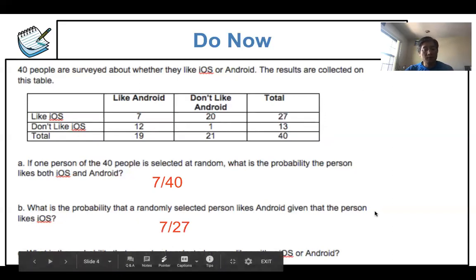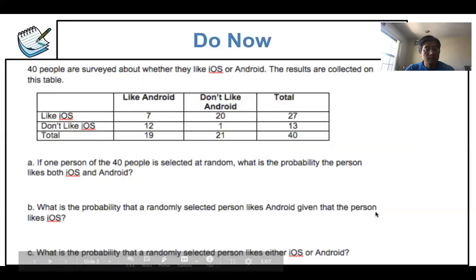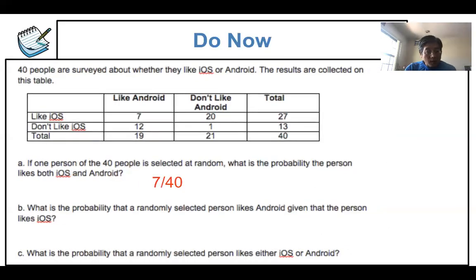Then what is the third question? What is the probability that a randomly selected person likes either iOS or Android? It's not a conditional probability, so total will be 40 again, right? Liking either iOS or Android is a union.